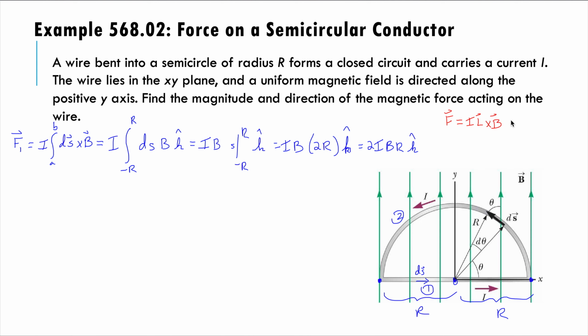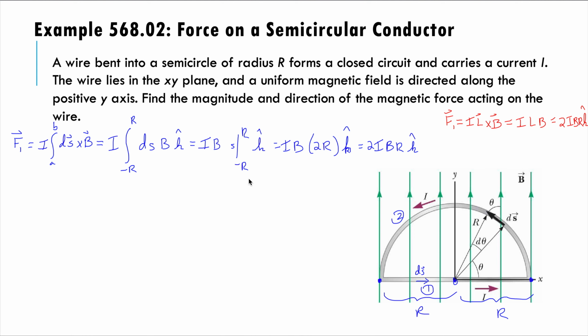You know that when L and B are perpendicular, which they are, and remember, L points in the direction of I, then the cross product is just L times B. And the length of the straight segment is just twice the radius. So 2 I B r in the k direction, we get the exact same result if we use this easier equation. So just keep that in mind.